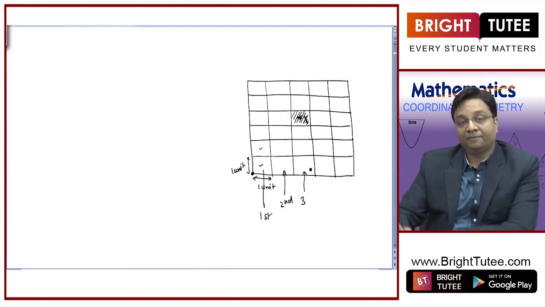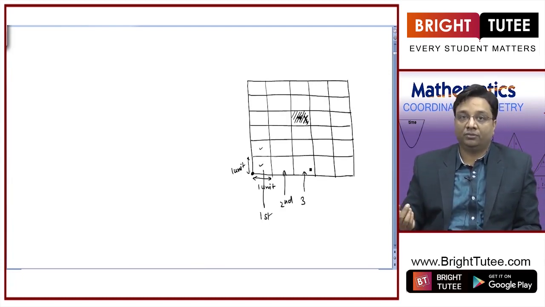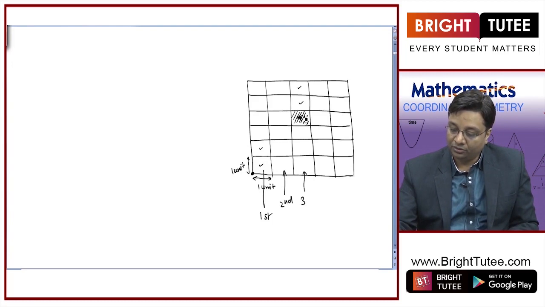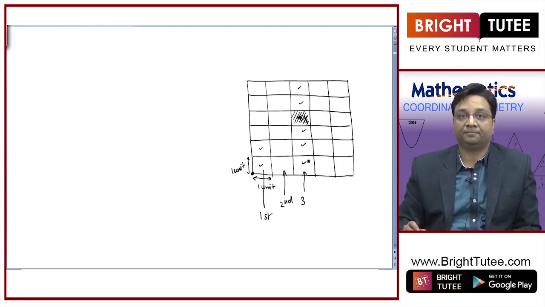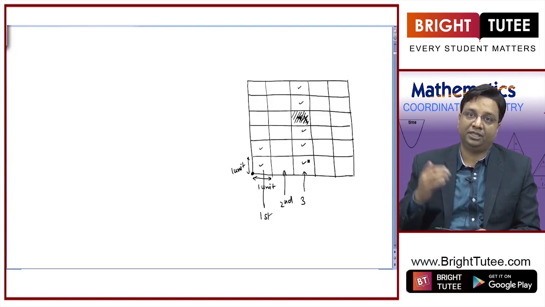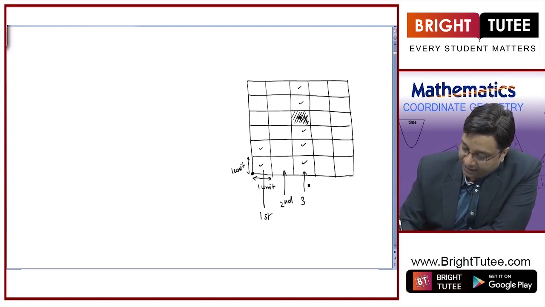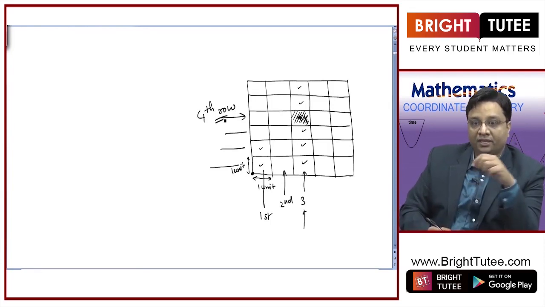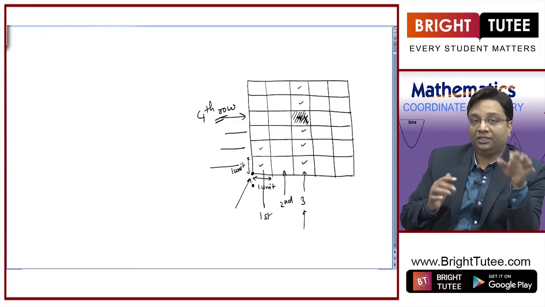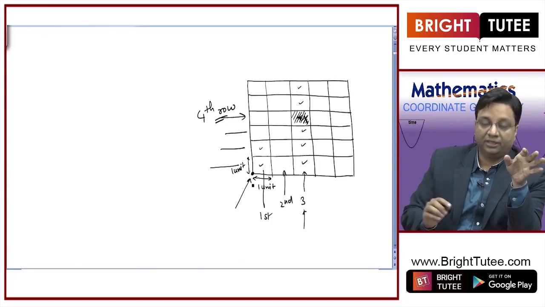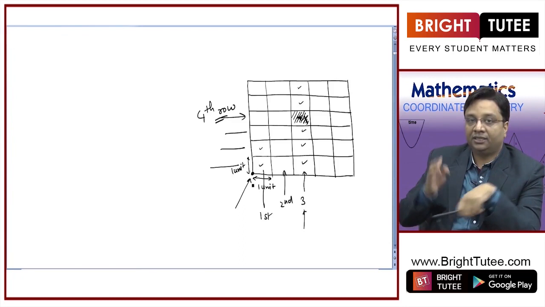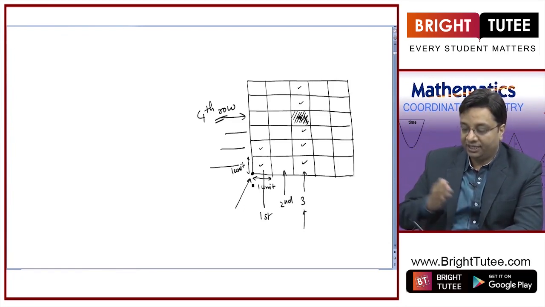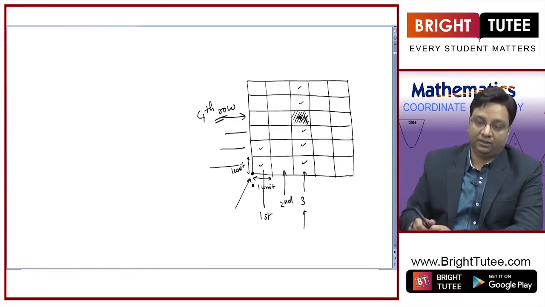So you will say that the student is sitting in the third column, but in the third column you have 1, 2, 3, 4, 5, 6 seats, right? So still you haven't described the exact position. Now if you say the student is sitting in third column and fourth row, okay. Now this corner is the point of observation or reference point for us, right? And now I make a statement that the student X is sitting in third column and fourth row.